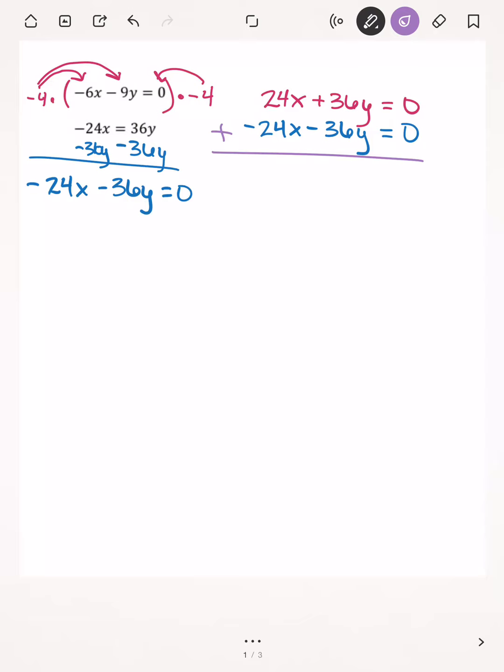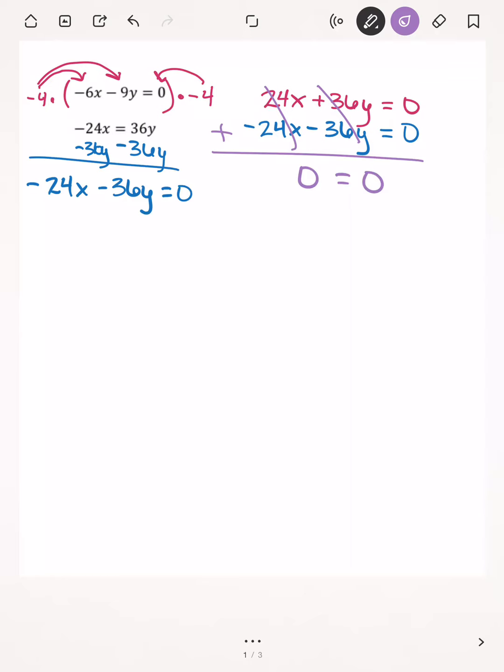When I add them, 24x minus 24x is 0. That's what I wanted to happen. I wanted to eliminate them. But when I go to my y values, I have 36y minus 36y. That also gets eliminated. So I'm left with 0, and 0 plus 0 is 0. So when I get 0 equals 0, they're the same numbers. That's a true statement.